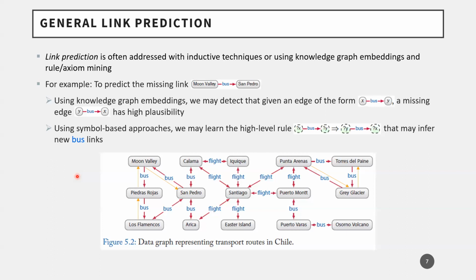The other approach is symbolic-based, to learn a high-level rule. We can learn a rule from the graph that if there exists a path direction from X to Y, then there also exists a path direction from Y to X. Thus, the rule can be used to predict new bus links.